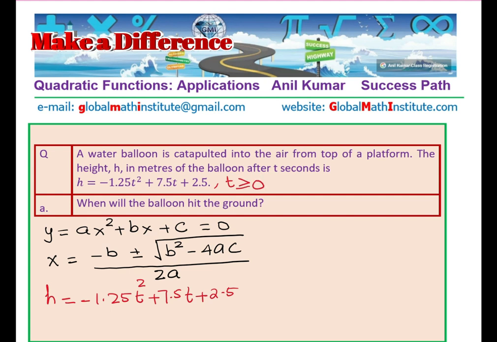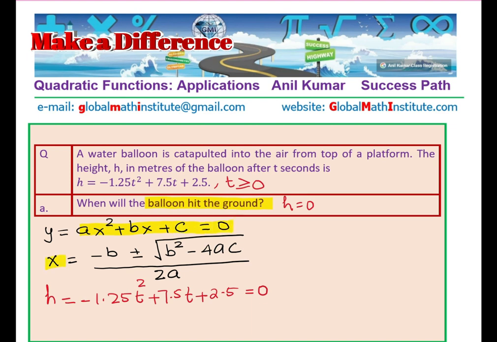Perfect. So equating this to 0 will give us when it will hit the ground, correct? When the balloon hits the ground, it really means the height is 0, right? Now you see, it becomes same as solving an equation, and so we can use the formula.